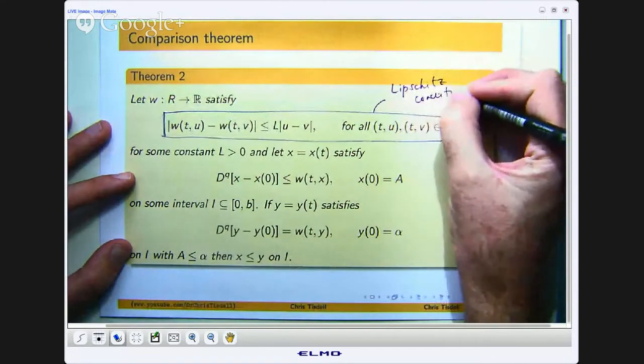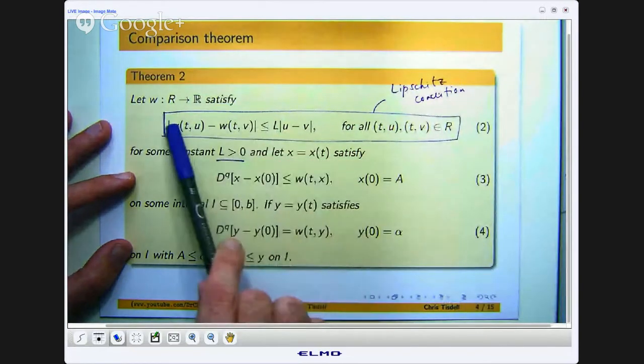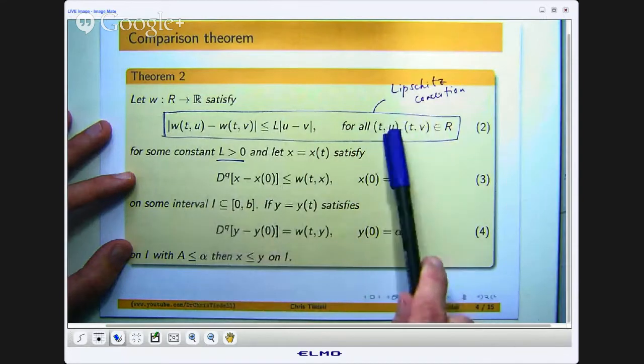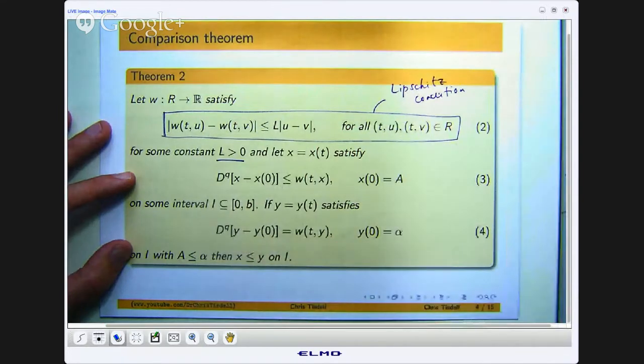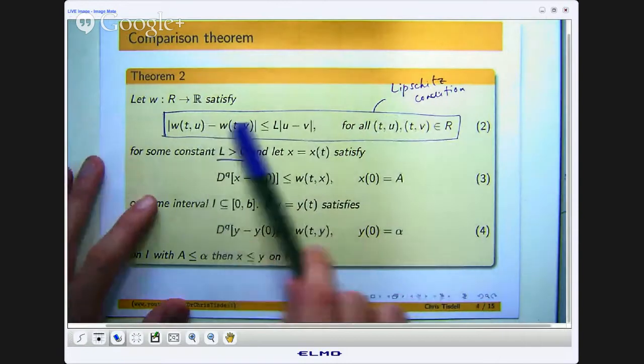So there is some positive number L such that this is less than or equal to this for all pairs of points in the rectangle. So that's the first assumption. W, we don't know what it is, but it satisfies the Lipschitz condition.